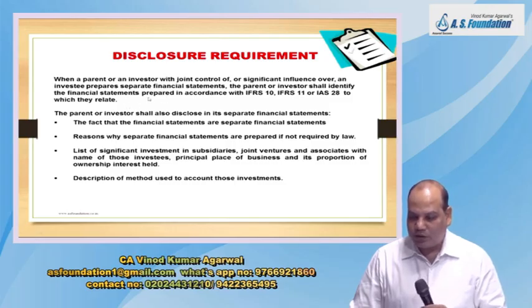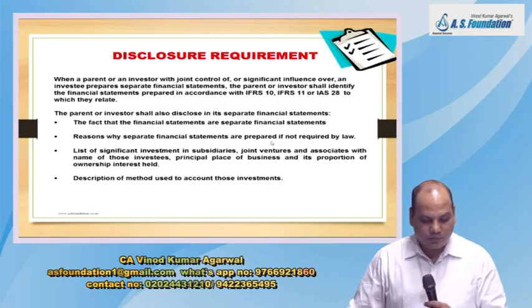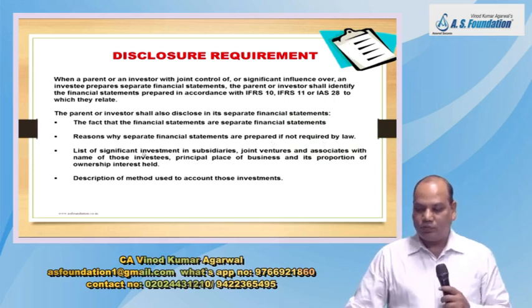So they have to specify that there is a consolidated financial statement under IFRS 10 also, or 11 or 28. 11 is used for joint arrangement. 28 is used for investment in associate and joint venture. So that link they have to mention there. And the parent or investor shall also disclose in its separate financial statement the fact that the financial statements are separate financial statements, and the reasons why separate financial statements are prepared if not required by the law.